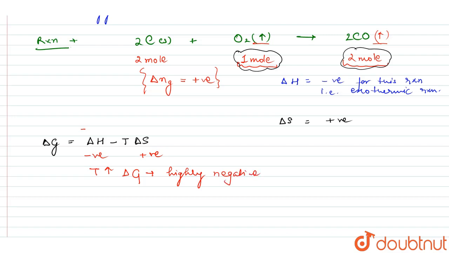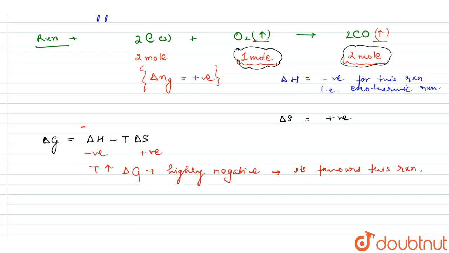So the slope of the Ellingham graph becomes negative.